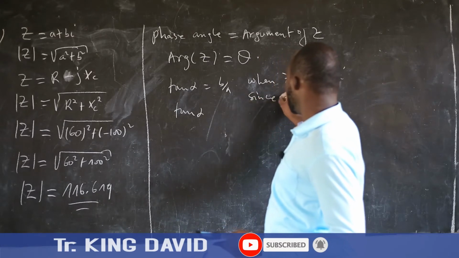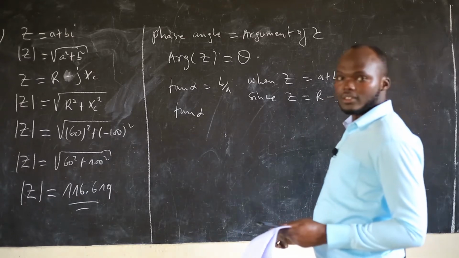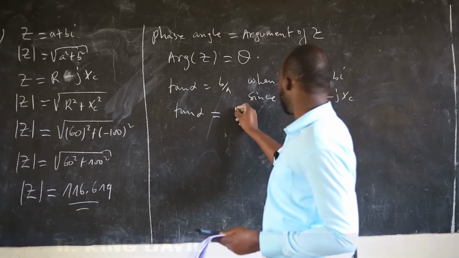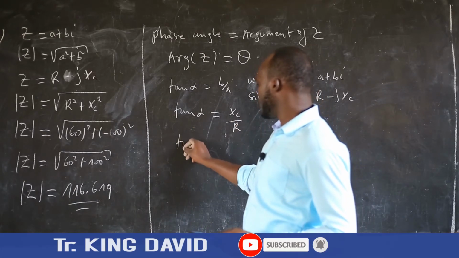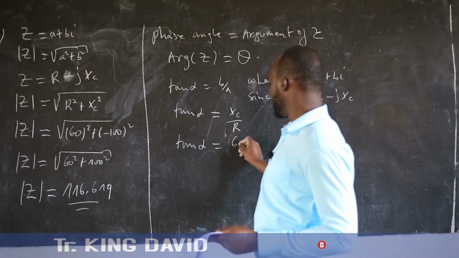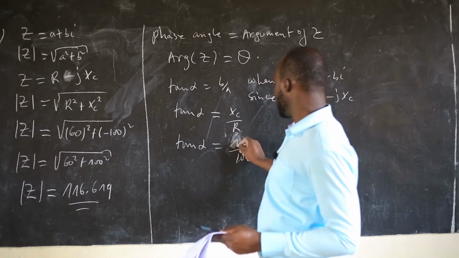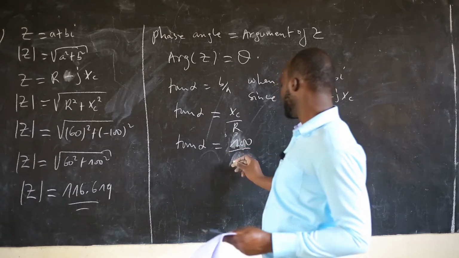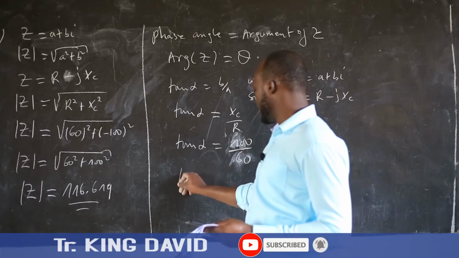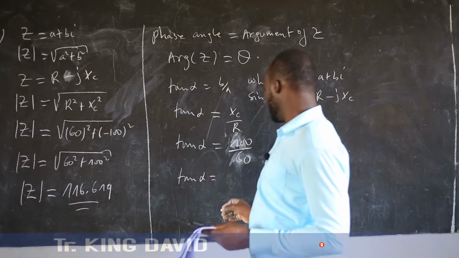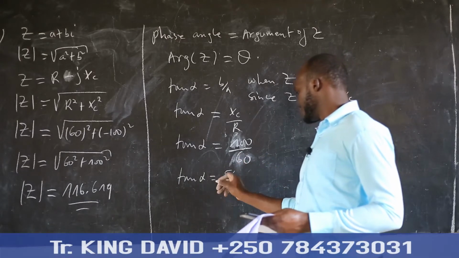Since our Z is R minus jXC, tan alpha is XC over R. So our tan alpha is, sorry, it is 100 over 60, because our XC is 100. So tan alpha equals 5 over 3.